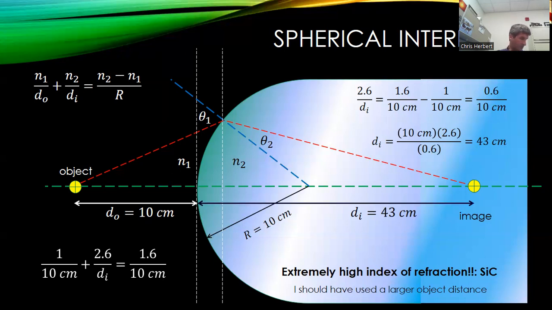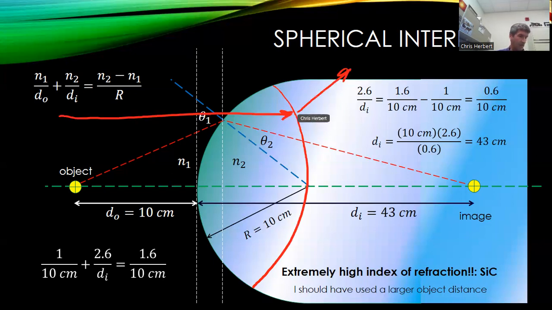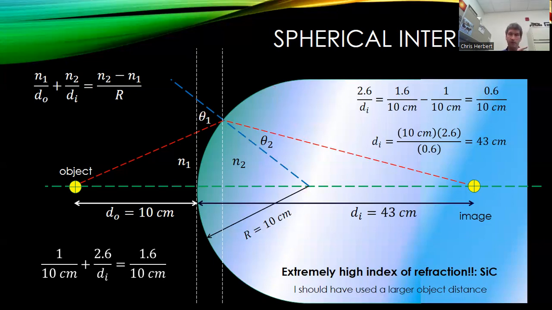Now, if this were reversed, oops, let me draw this a little bit differently. If this were reversed, so we had a concave surface instead, then what would happen here is parallel beams would actually end up diverging. Okay? If we're going from a higher index to a lower index, let's say we're going this way, parallel rays would converge.